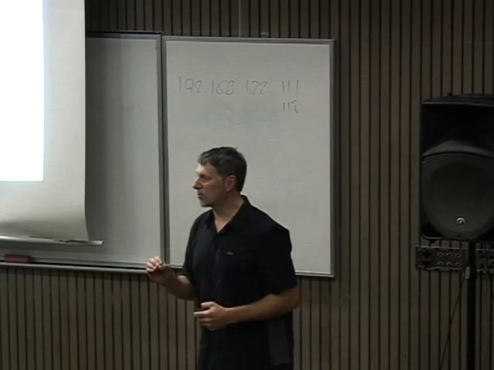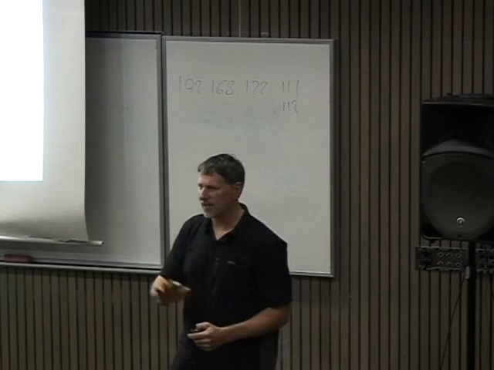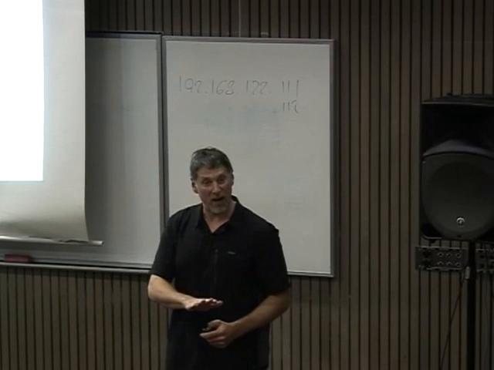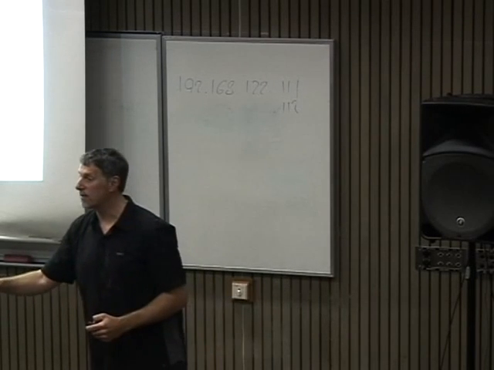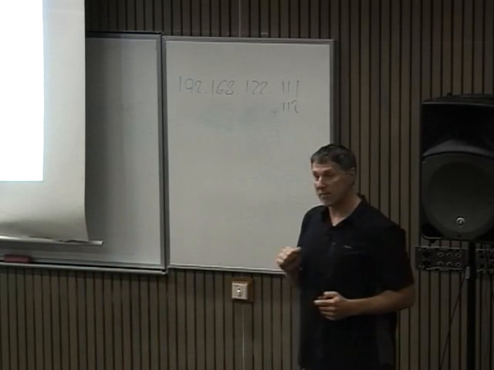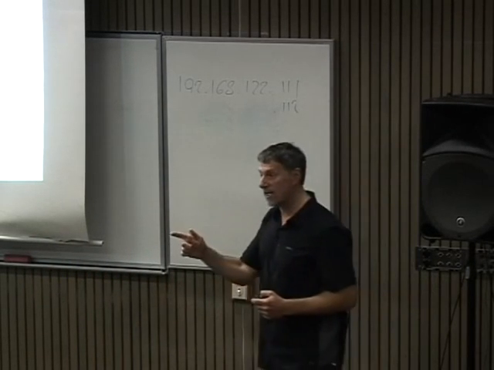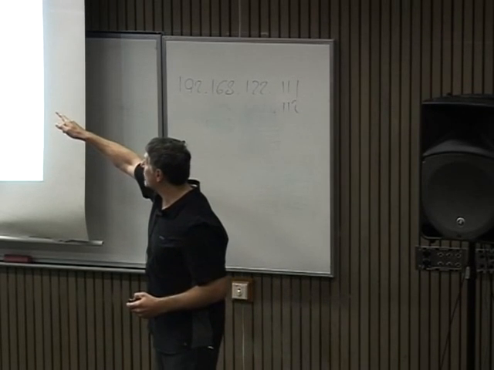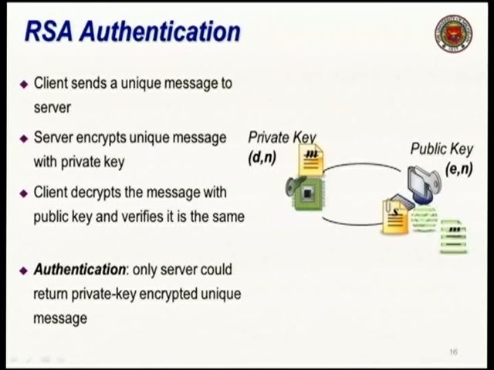Now, the opposite is true. What can be encrypted with the public key can only be decrypted with the private key. What is encrypted with the private key can only be decrypted with the public key. So if I ask the bank to encrypt a message that I generated with their private key, and the bank sends it back to me, and I decrypt it with their public key and see the same message, what does that mean?